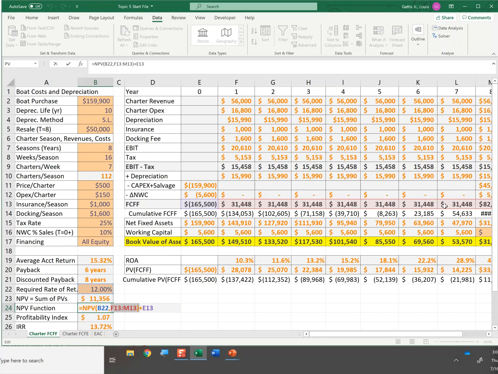So it starts with the 31 and goes to the 82. And then outside of the NPV function, I actually have to add today's cash flow. So it's actually a little bug in how they program the NPV function. And you always have to skip the cash flow at period 0 and start the NPV function with the cash flow in period 1, and then add back today's cash flow. So that NPV is 11,356.